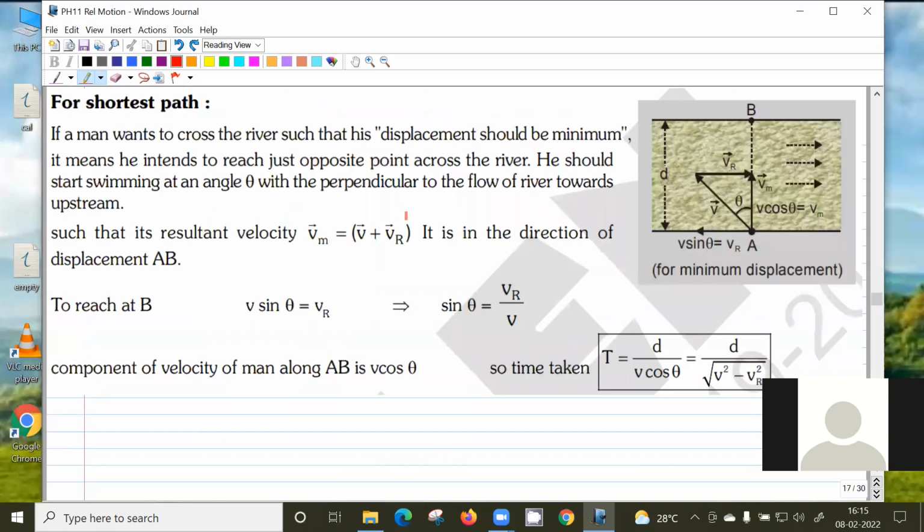So for the shortest path, is it measured from which frame: the frame attached to the earth, the river bank, or the frame attached to the river? Which frame will measure the distance traveled by the man? In the bank. Yeah, see, because this frame is moving, if you measure distance with respect to a frame that's moving, it will not give a correct measurement.